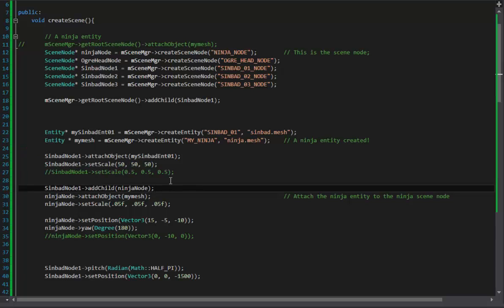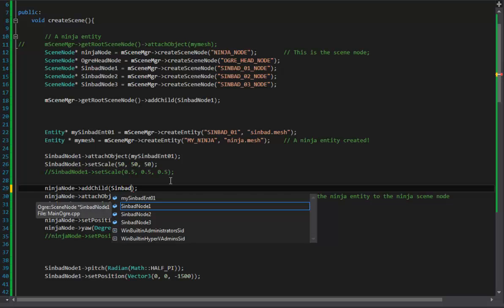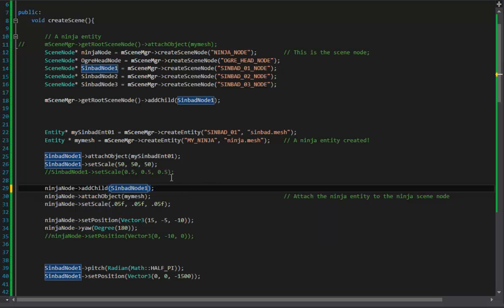We are going to make the Sinbad node the child node of the Ninja node, the parent, because I have 3 Sinbads, and I can demonstrate every single one of those.